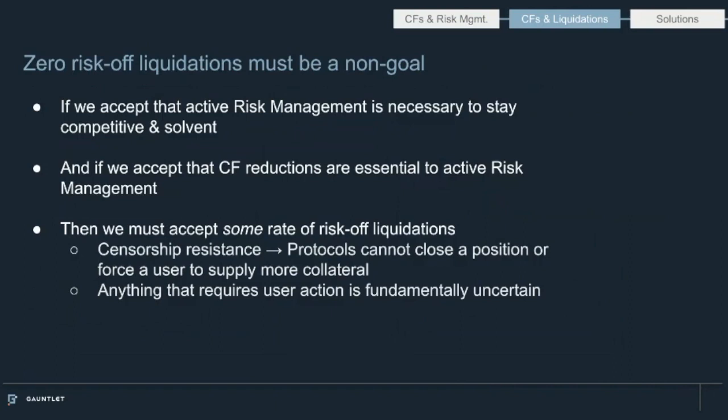So if protocols cannot close a position and they will not force a user to supply more collateral, oftentimes they have not conducted KYC and cannot get in touch with the borrower, then we need to have a scenario in which we're able to reduce risk kind of independently of specific user positions.